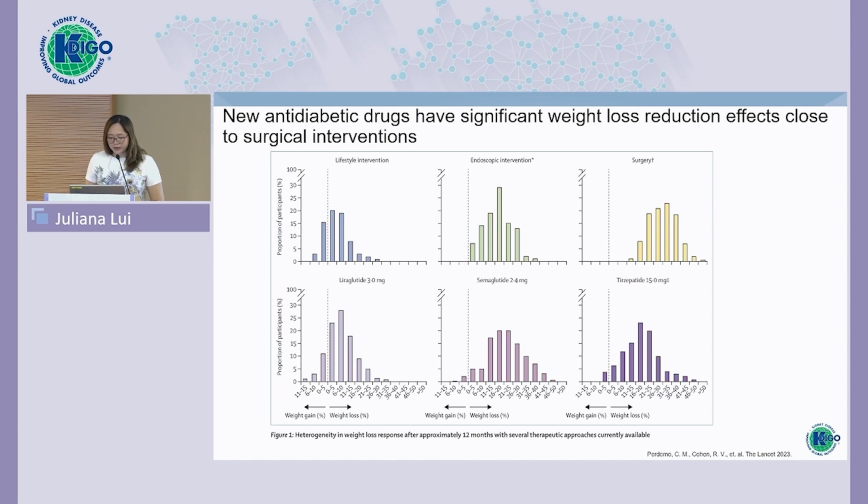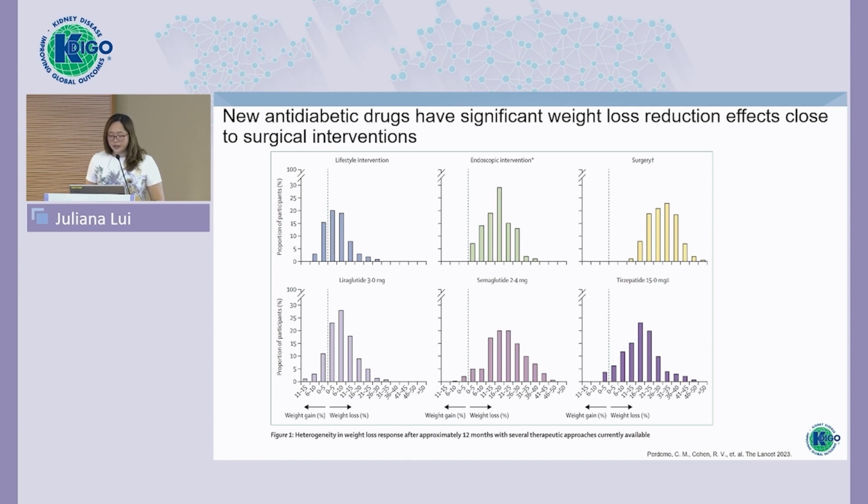GLP-1 receptor agonists and SGLT2 inhibitors, initially developed for the treatment of type 2 diabetes, have demonstrated additional effects for weight loss. In a recently published study in Lancet around February, a research team compared 3 types of drugs, liraglutide, semaglutide, and tirzepatide, to lifestyle interventions and invasive surgical procedures such as bariatric surgeries, from results of multiple clinical trials.